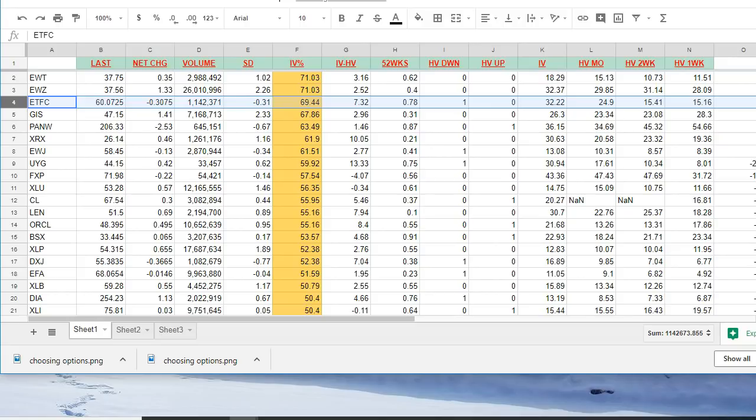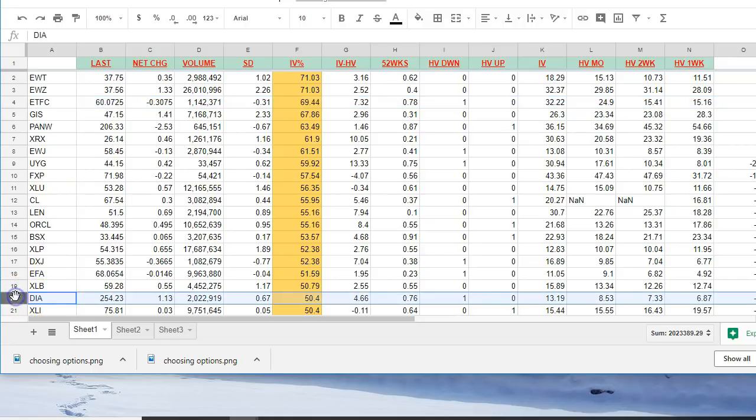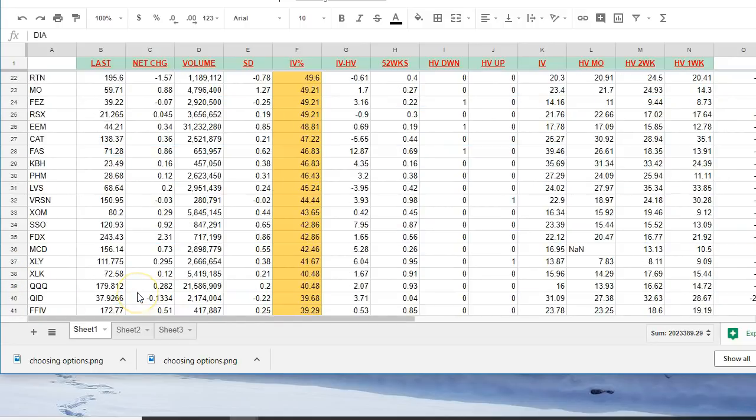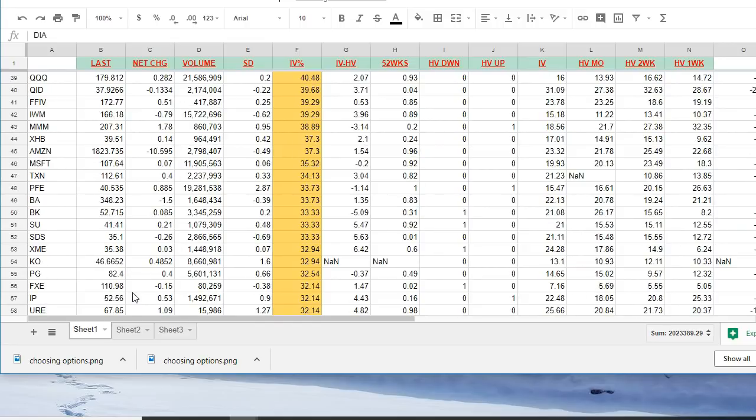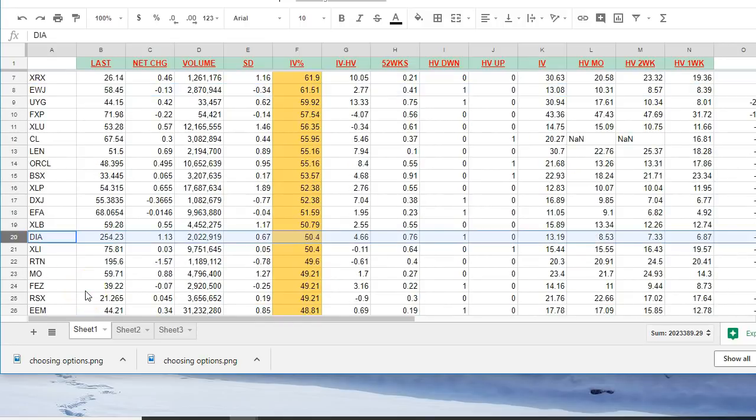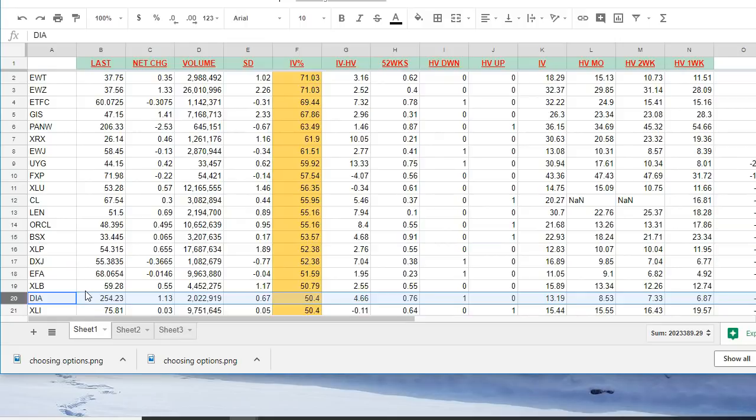Stay away from weeklies because they're more liquid on the monthlies, unless you're doing indices like Dow Jones we talked about earlier, like this guy, and Spiders or triple Qs. Those guys are pretty liquid, so you can do weeklies. But for stocks and ETFs, I just do monthlies.